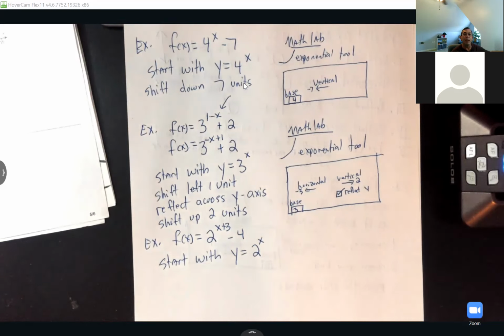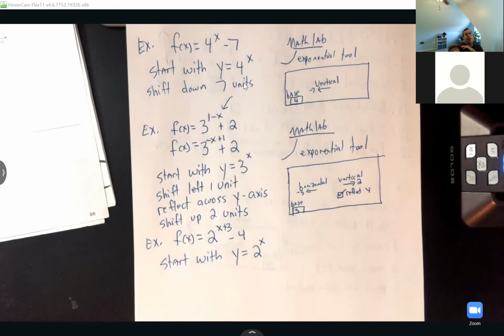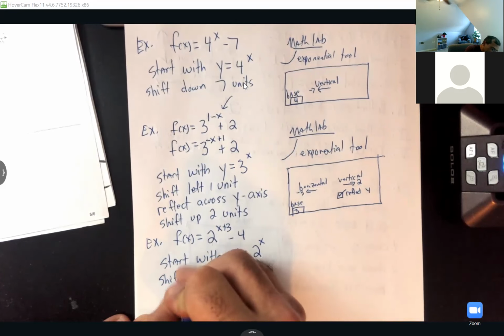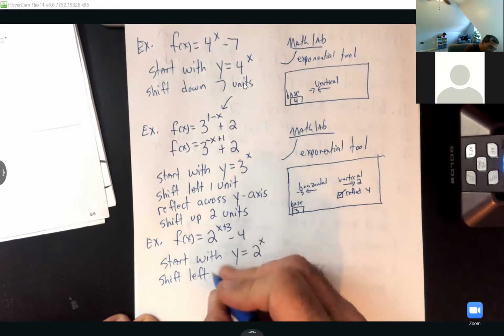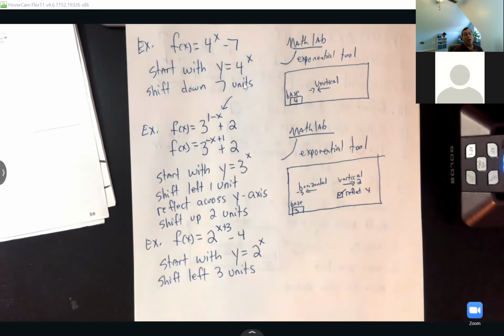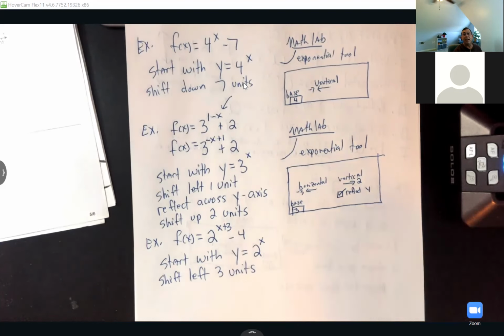So definitely moving me. Let me see what y'all said. So remember, those ones actually are opposite. You think it's going right, but it really goes to the left. So this one shifts left 3 units. So remember, the left and right are always opposite what you think. So now what's the 4 doing at the end? And it's negative.